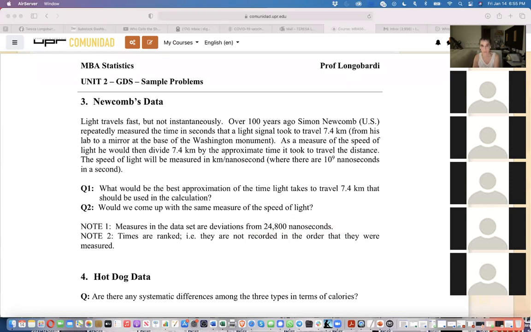So the data that I'm showing you begins with 24,800 and whatever the number is that you see. Okay, so this was his methodology. This was the methodology he used in measuring the speed.